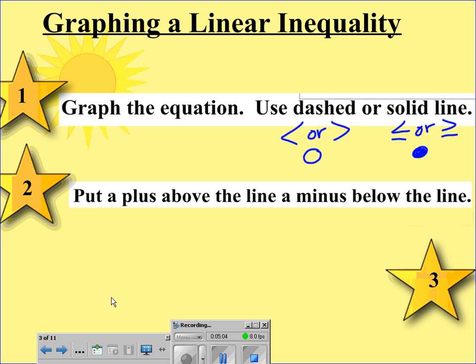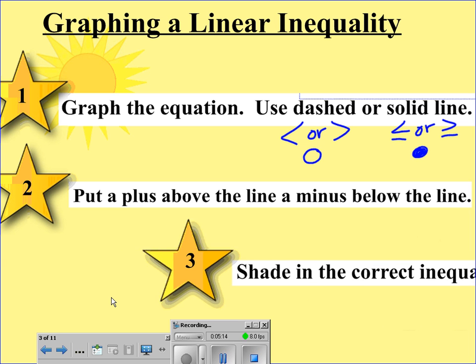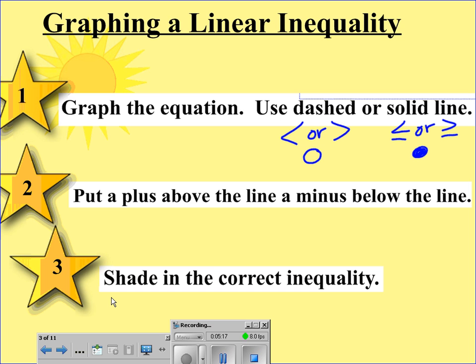The second step is to put a plus above the line and a minus below the line. And then the third step is to shade in the correct inequality. So if you think it's a plus, what do you think you're going to shade for? Greater or less would be plus. Greater. Perfect.